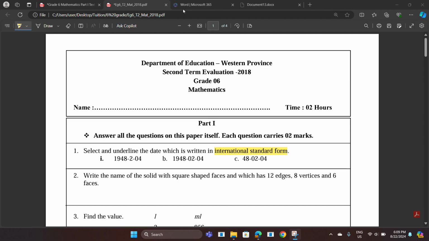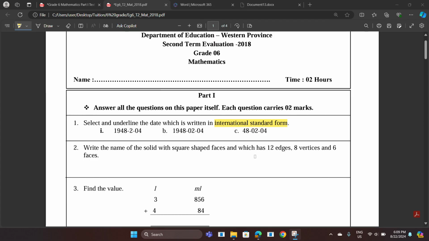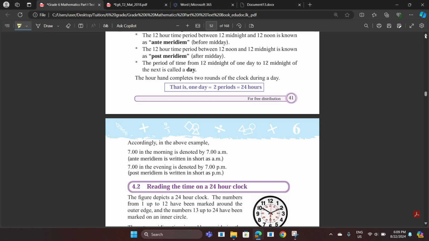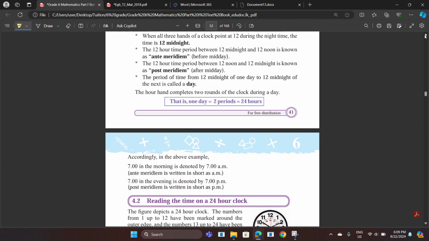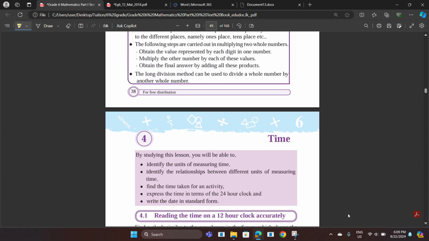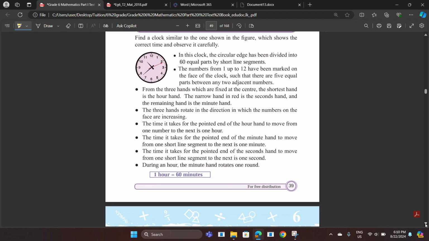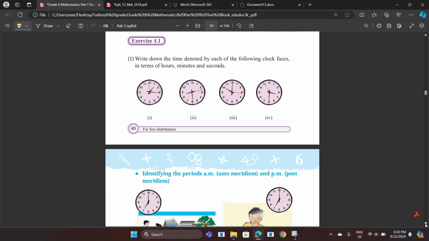Okay, the first question of your paper is: select and underline the date which is written in International Standard Form. What is International Standard Form? You have already studied chapter number 4, Time, in your first term, and in this chapter you have heard about this term.